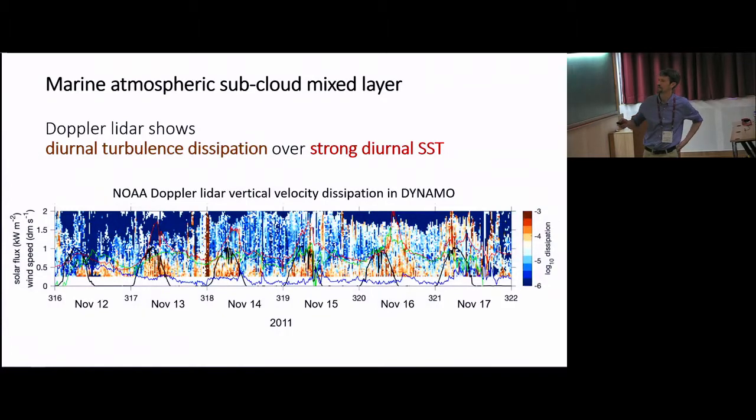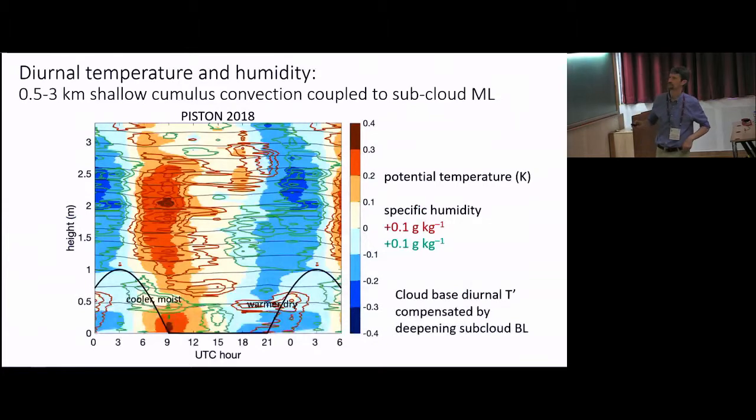And interestingly, here we can see that the colors are the dissipation from the Doppler LIDAR, and you can see that the mixed layer deepens and the mixing strengthens when the sea surface temperature warms up due to increased buoyancy flux from the surface. And in PISTON, I also noticed that there's these slight diurnal cycles when the sea surface temperature warms up.